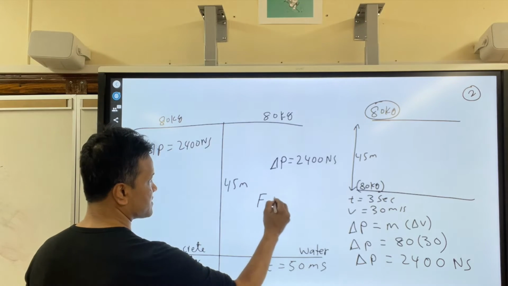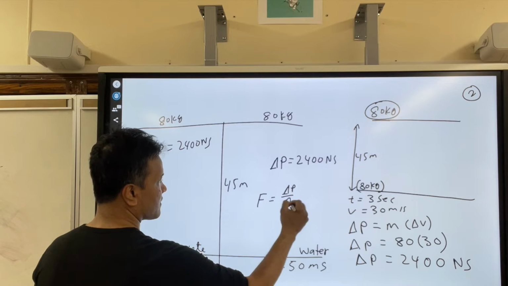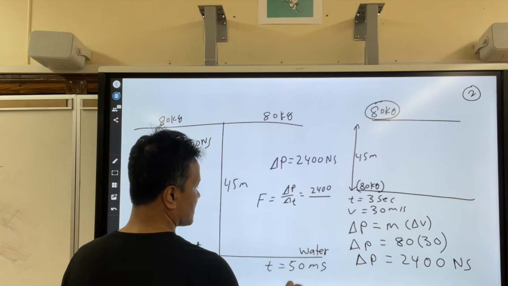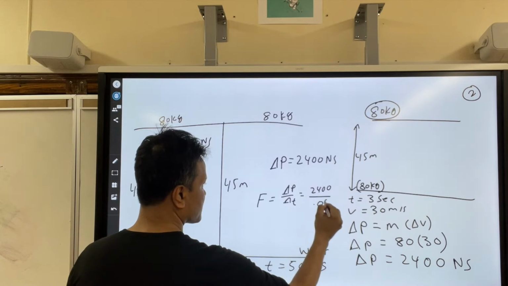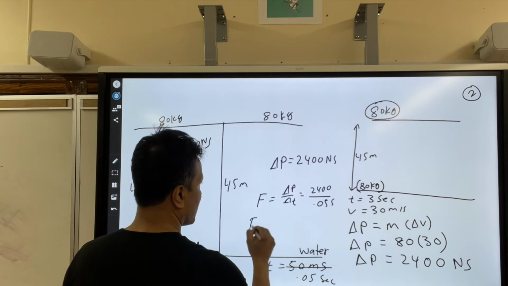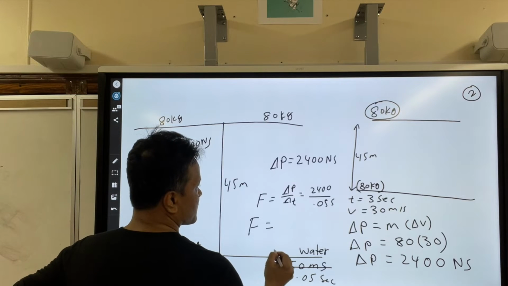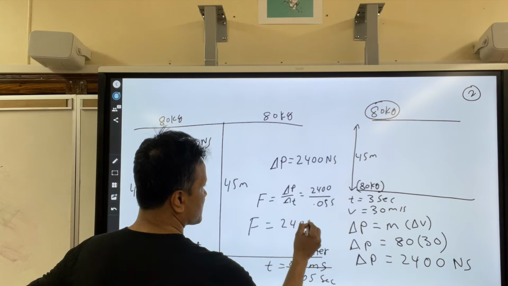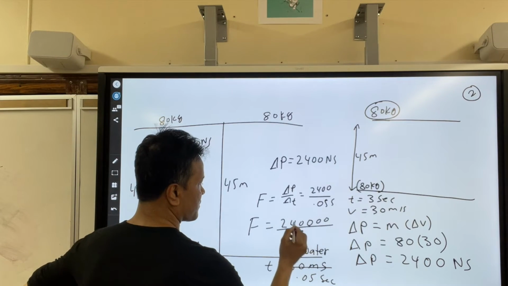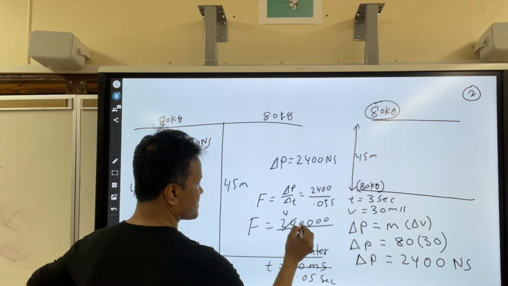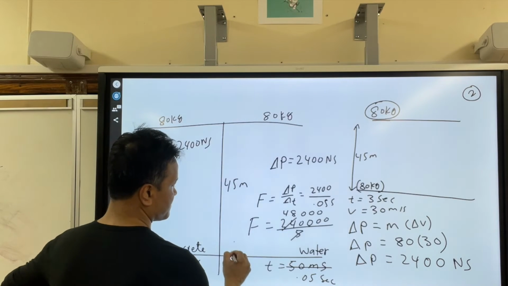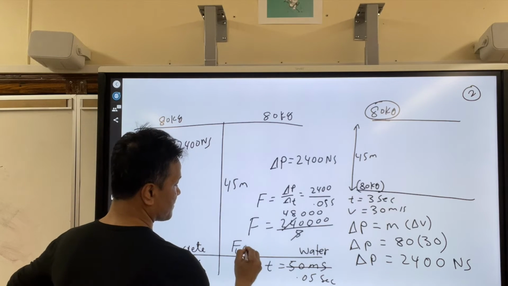All right. Force is Newton's second law. Delta P is 2400 and t is 0.05 second. So F is equal to how much? 2400 divided by 0.05 is 48,000 Newton for the water landing.